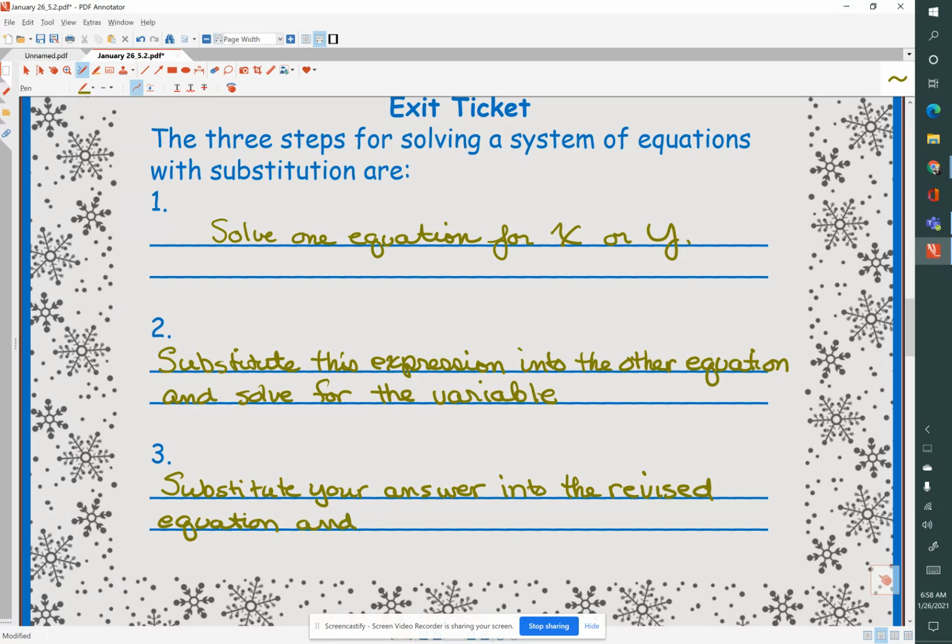I should say from step 1, the other equation from step 1. And then you solve for the other variable.